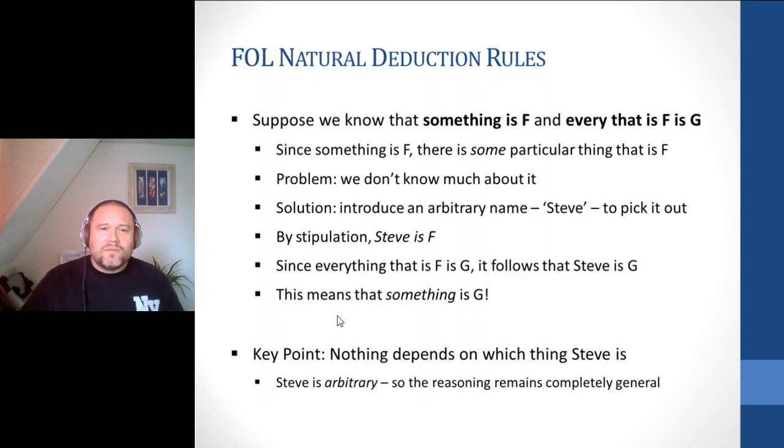And this is the kind of key idea behind using something like an arbitrary name. Because Steve is arbitrary, because this name is arbitrary, it could theoretically apply to any object that we're talking about in our domain. Then the reasoning we have here is completely general.